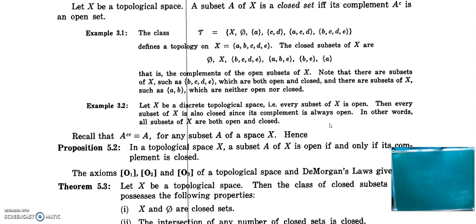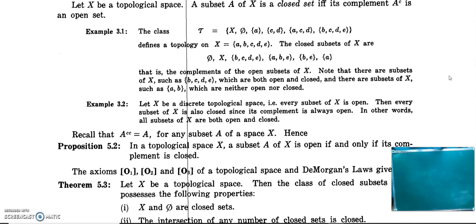So you can try an example for that to illustrate further the concept. So let's have here the complement of the complement of A is equal to A for any subset A of space X. So let's have this proposition 5.2.